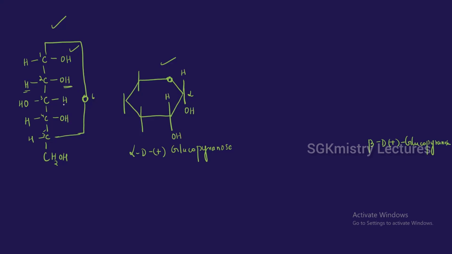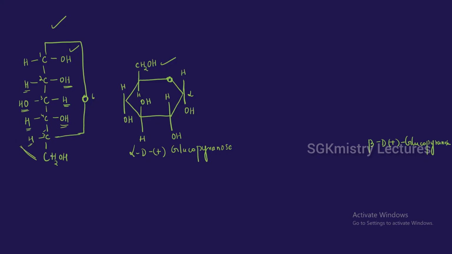Here, H is on the right, OH is on the left, so I'm going to write H below, OH above. Here, OH is on the right, H is here, so I'm going to write OH, H. Here there is CH2OH and of course there is H also here. CH2OH I'm going to write here and H here. Okay. So it is not exactly like how H and OH are placed here. So this you need to remember.